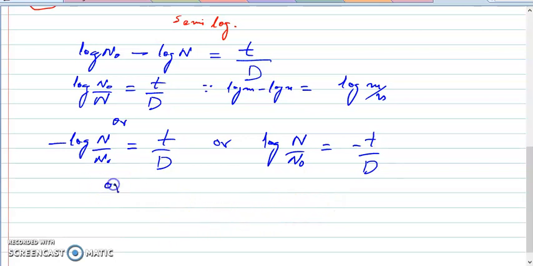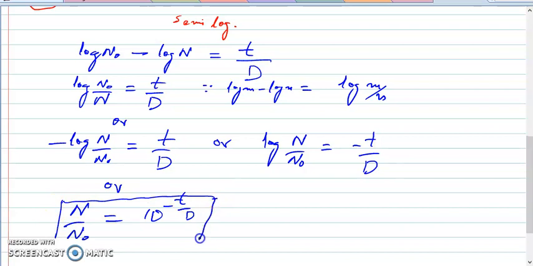Or we can write this as N divided by N naught is equal to 10 raised to the power minus t divided by D. Designate this equation as equation first.